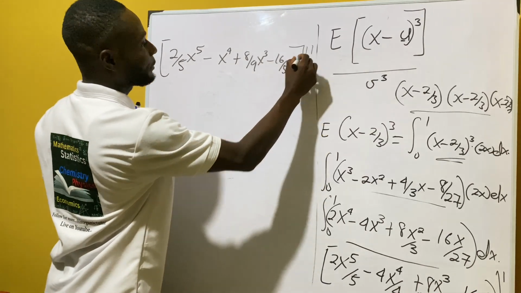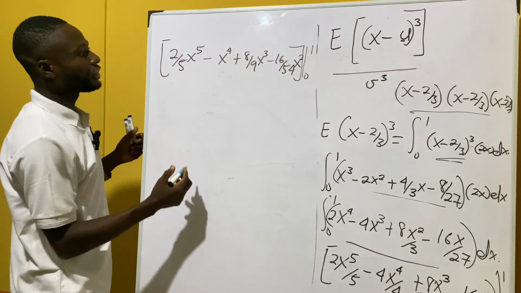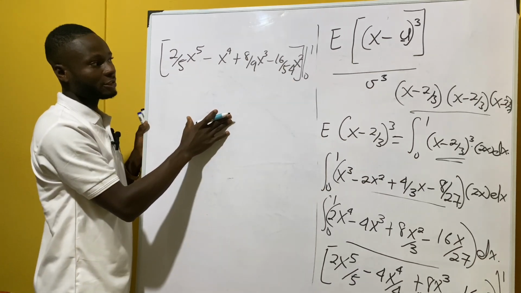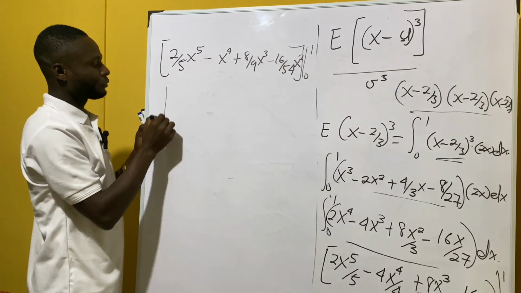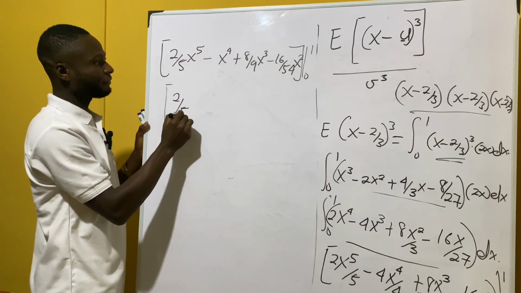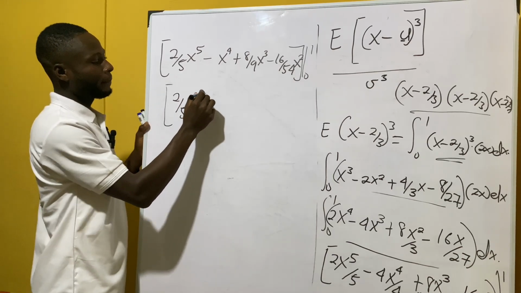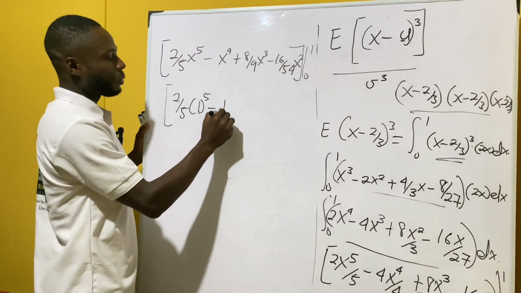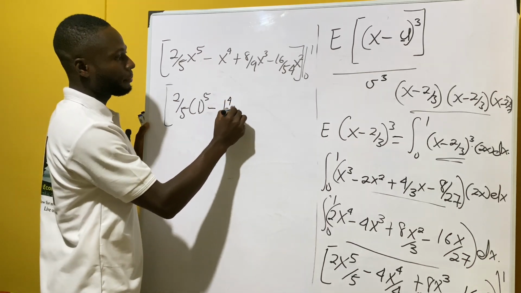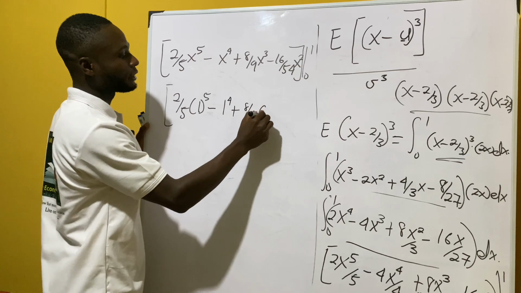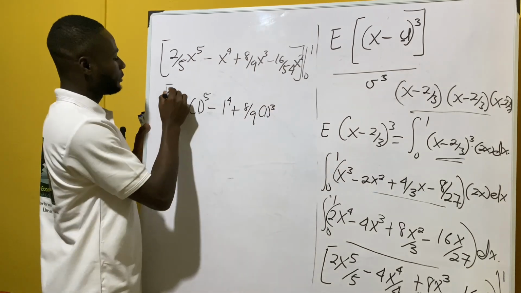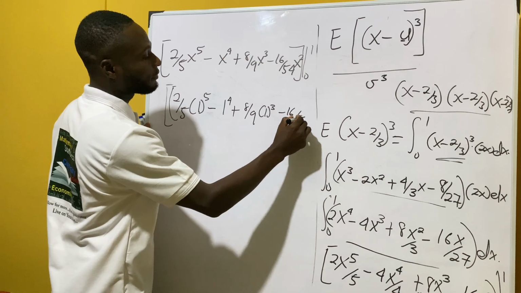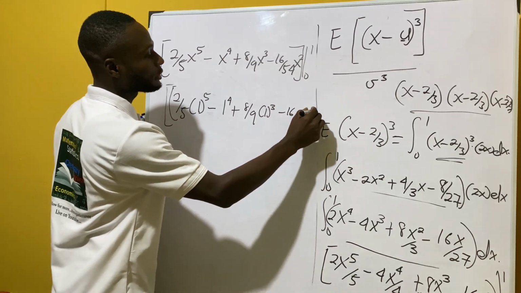So here we can now put in the limit to make our work so easy. We have 2 over 5 into 1 to the power 5 minus 1 to the power 4 plus 8 over 9 into 1 cubed minus 16 over 54 into 1 squared.